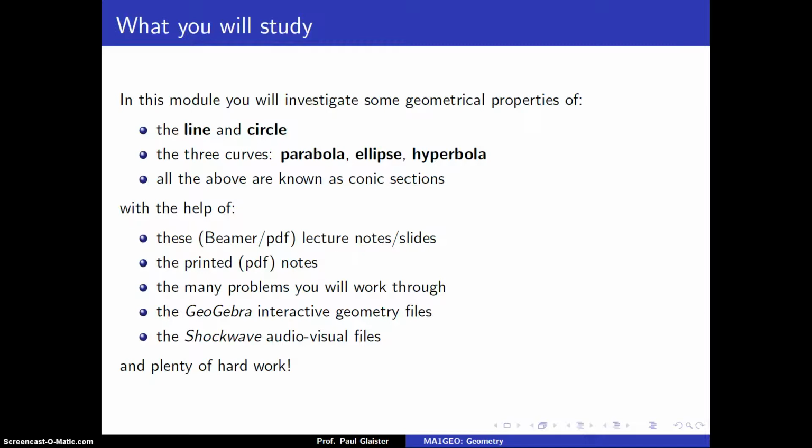And the individual properties and associated problems with each of these three main shapes we'll deal with over the course of this term, but all of those line, circle, parabola, ellipse, hyperbola, plus one other object which is the single point, are all considered to be conic sections. And these are essentially the plane figures that you get when you take a cone and take a plane slice through it.